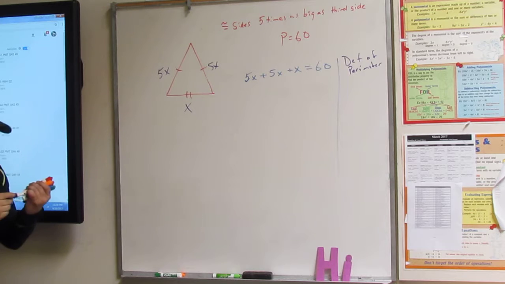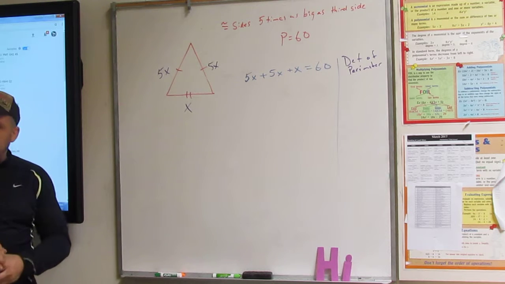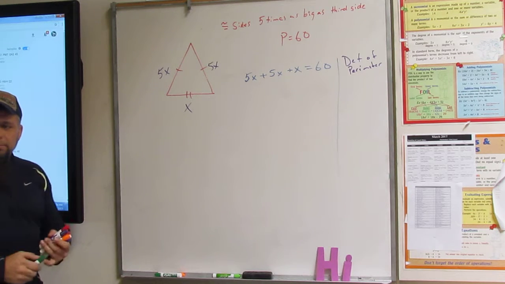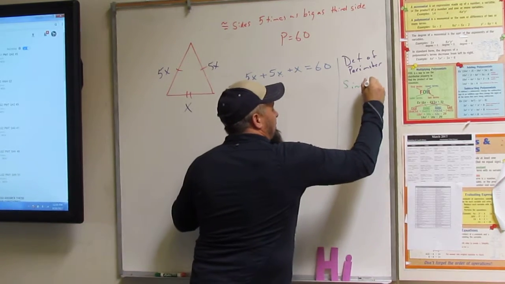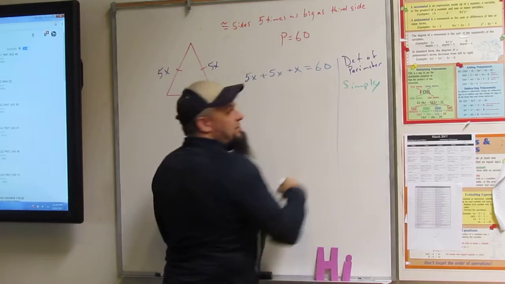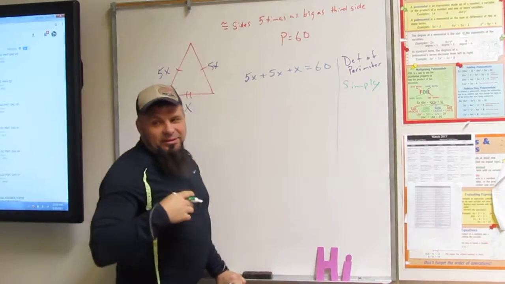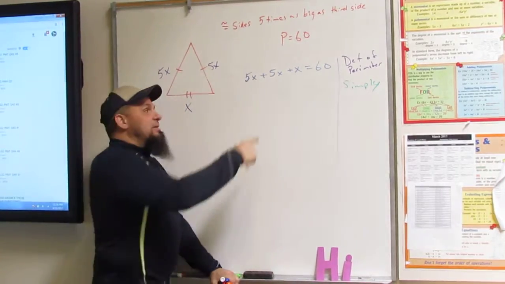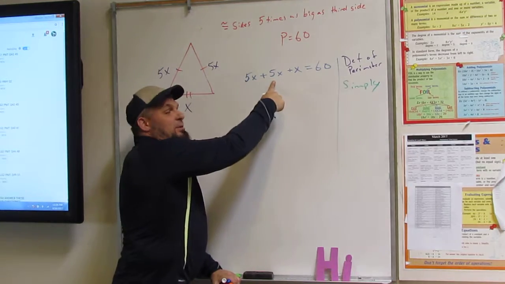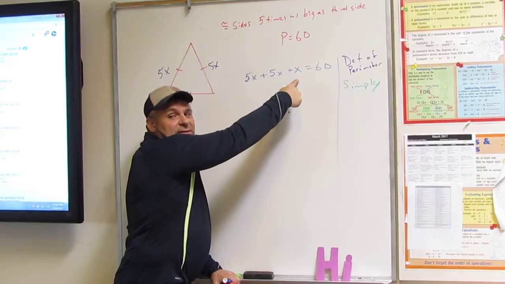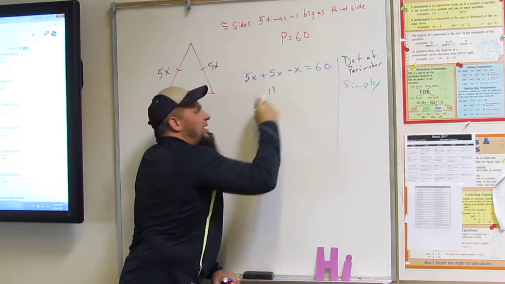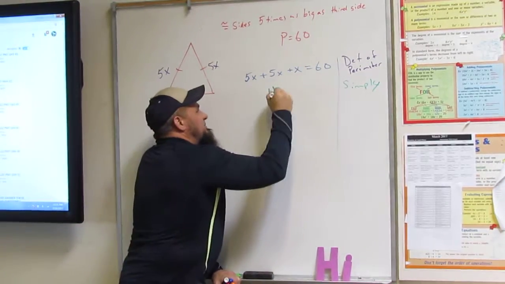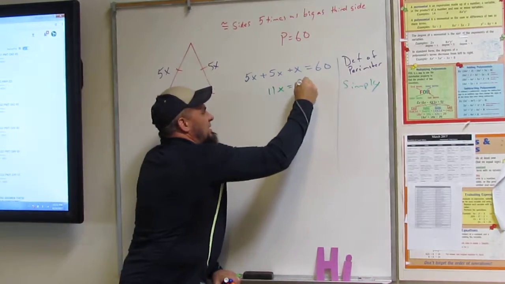Now what do we do? Simplify. You just answered the question before we did it. So what is it, 5 plus 5 plus 1? Yes, my bad, I was thinking 6 for some reason. But it's 11x equals 60.